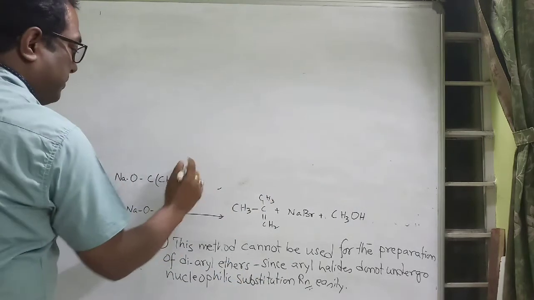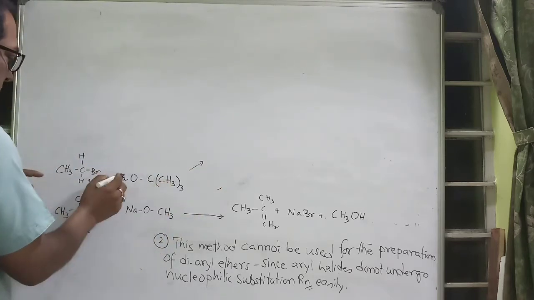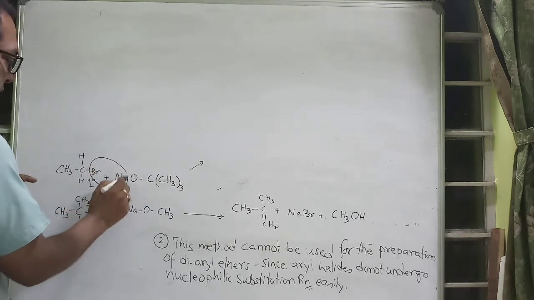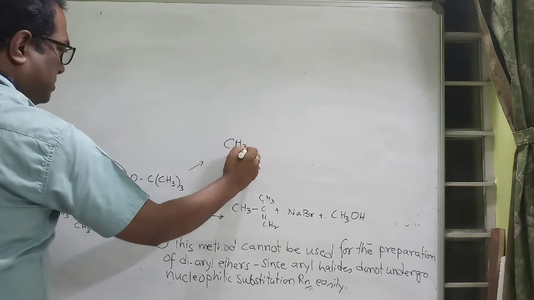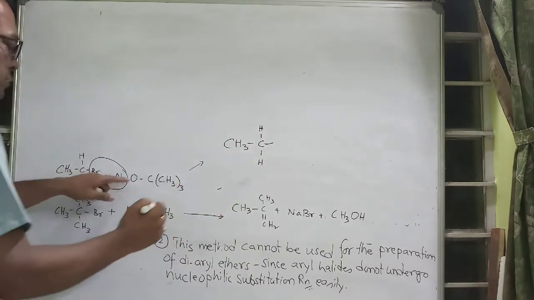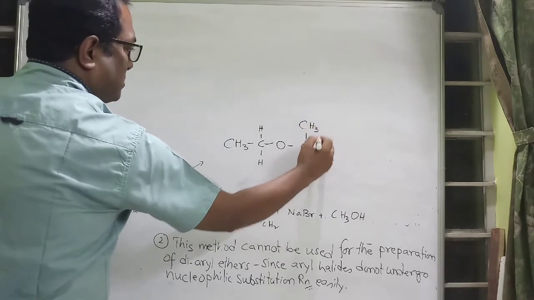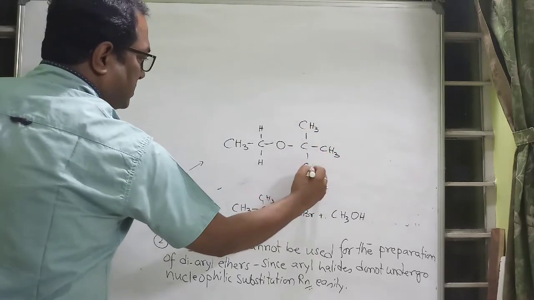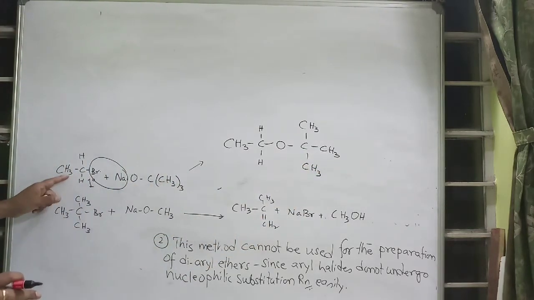In the reaction, this NaBr will be removed, and here you have CH3CH as usual, then it joins oxygen and then carbon with CH3, so CH3. So tertiary is possible here because you have the primary. Primary alkyl halides should be used. You cannot use secondary and tertiary.